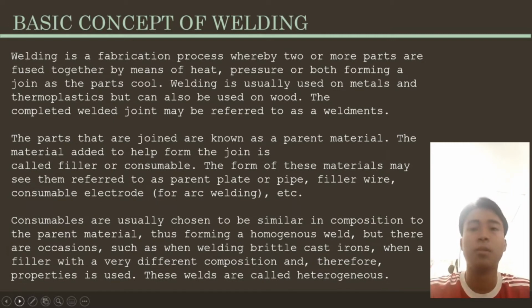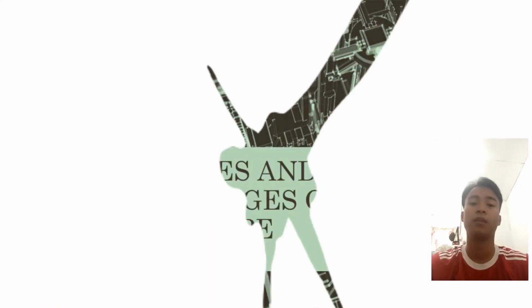Consumables are usually chosen to be similar in composition to the parent material, thus forming a homogeneous weld, but on occasion, such as when welding brittle cast iron, a filler with a very different composition and therefore properties is used. These welds are called heterogeneous.